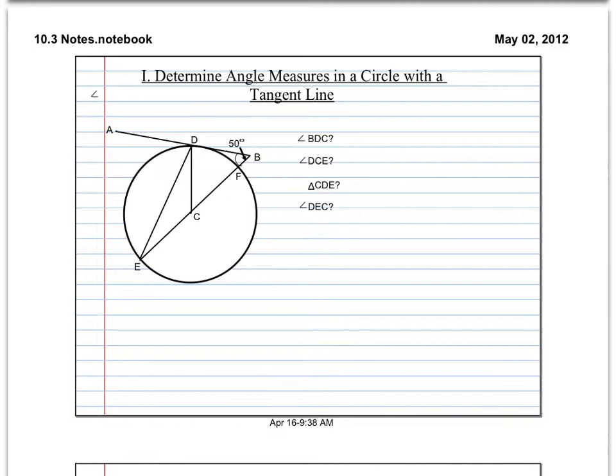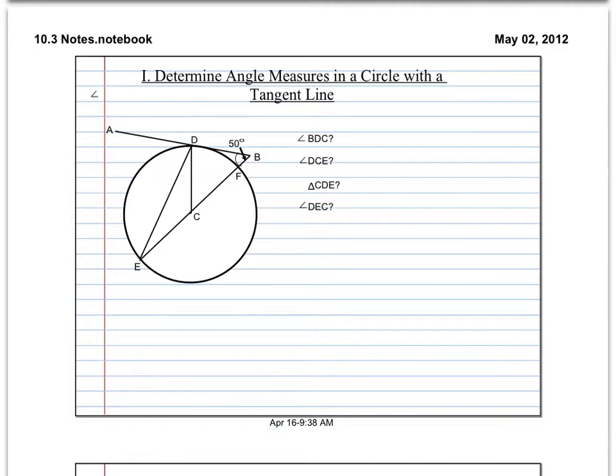So the radius is, of course, C to D. That angle there will be, let's erase this again, always 90 degrees. I know it doesn't exactly look like it in the drawing, but it will always be 90 degrees. So for the first part, angle BDC is 90.